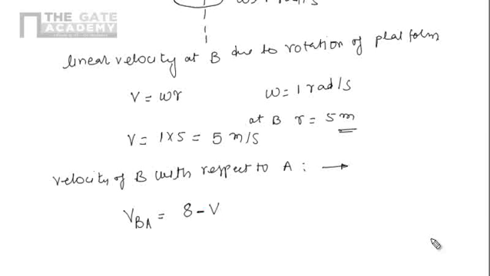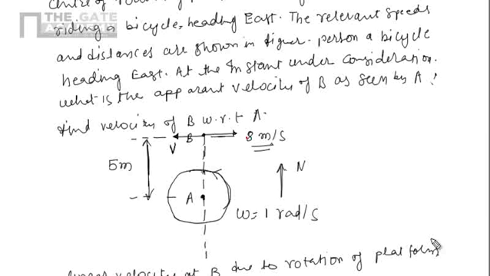If we see the direction, 8 is in the positive direction and v is in the negative direction, so according to the direction we have to take the proper sign.